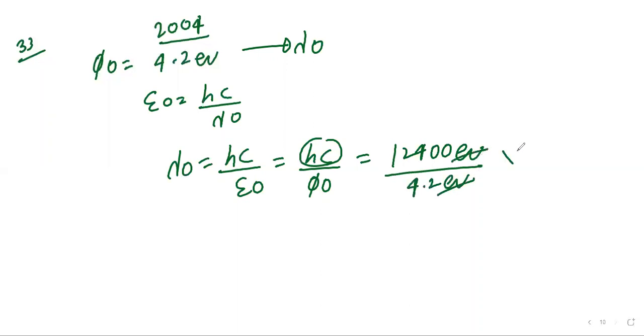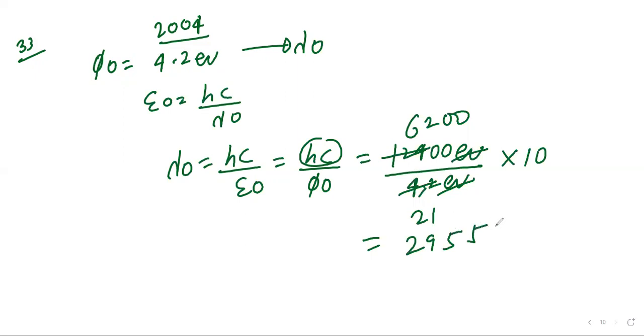So this will be cancelled. Remove this point, so you will get 10 here. Now solve. How much are you getting? Divide by 2, then 6200. Then dividing by 4.2, you get in point form 2955 into 10 raised to minus 10 angstrom.